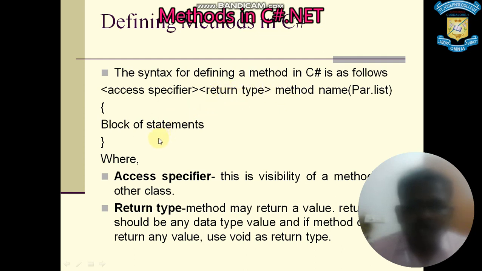So that result may belong to integer or float or character, whatever it may be. That return type should be specified. Suppose the user does not want to return any value, then you should specify void as the return type.